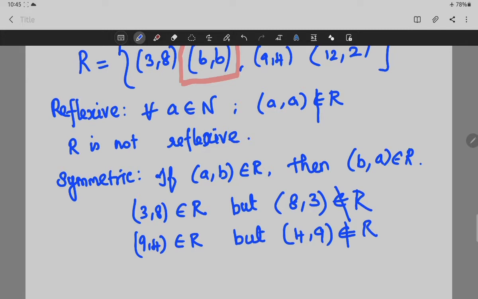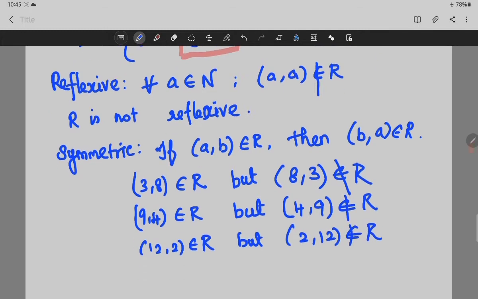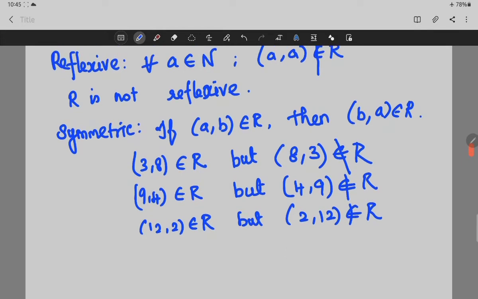Similarly, (12, 2) belongs to R, but what is not there? (2, 12) does not belong to R. So the symmetric condition is not satisfied.